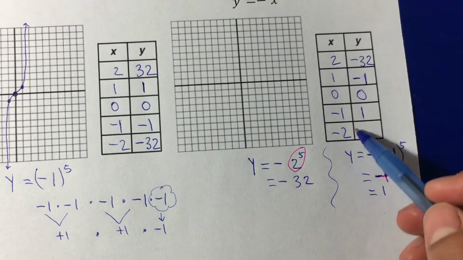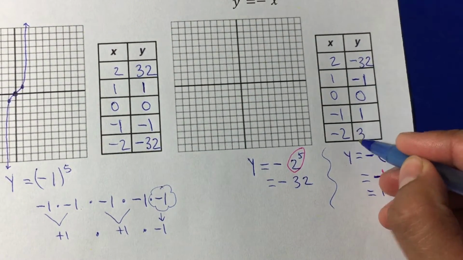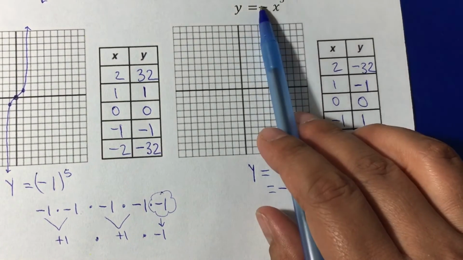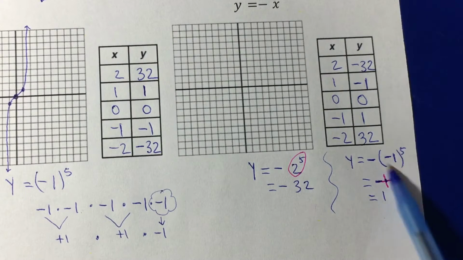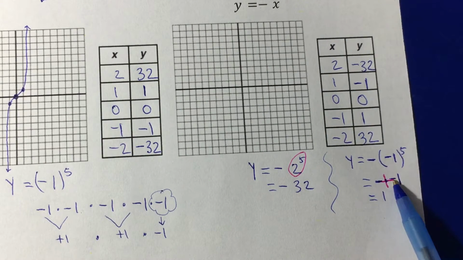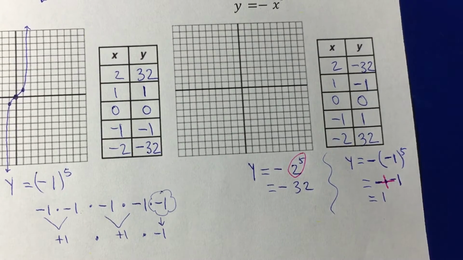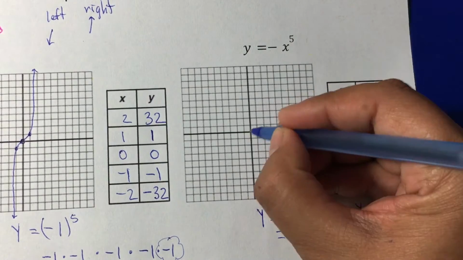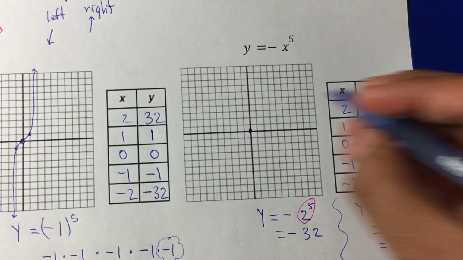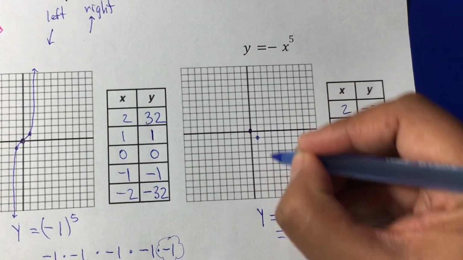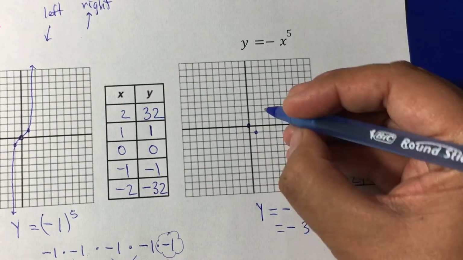Okay, and the same thing is going to happen to 2, so it's going to be positive 32. Why? Again, because we have a negative in here, and when we raise a negative number to an odd power, it becomes negative, and negative times negative becomes positive. Okay, now we have 0, 0, 1, negative 1, 2, negative 2, way up there, we can't see it.